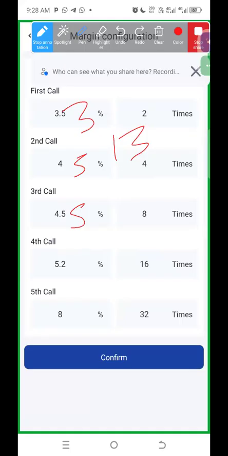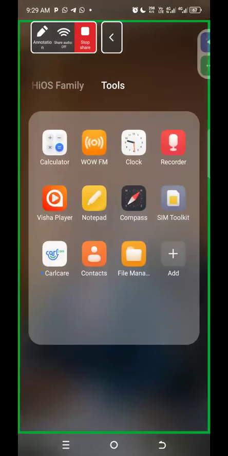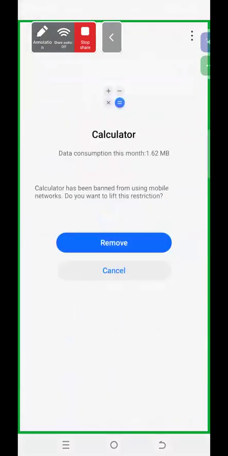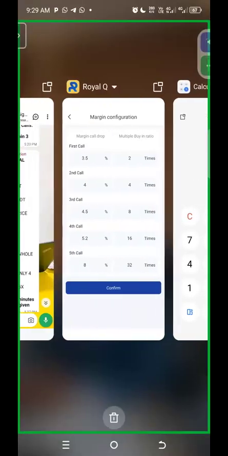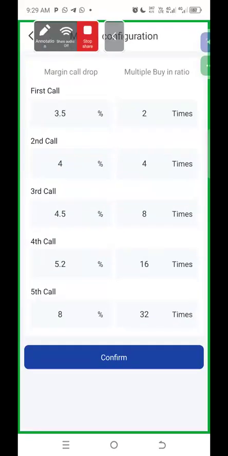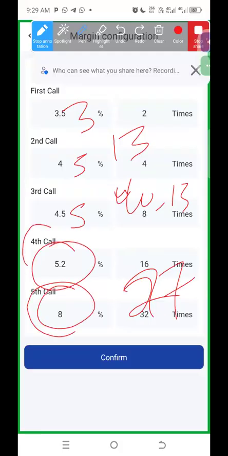So 40 minus 13, I remain with 27, right? Maybe my calculations are not good, so that's why I love using a calculator. 40 minus 13, 27. Very good. It simply means I'm going to share the 27 between the fourth call and then the fifth call.